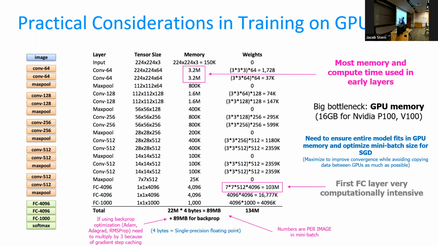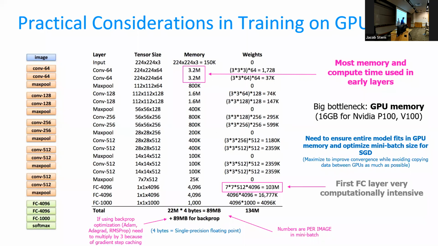In a purely convolutional neural network, in general, the activations will be much more memory intensive than the weights. But anytime you introduce a fully connected layer, your neural network parameters are going to spike significantly. So that brings us to a total memory for our forward pass of 89 megabytes to store the forward activations and 134 megabytes to store our neural network weights.